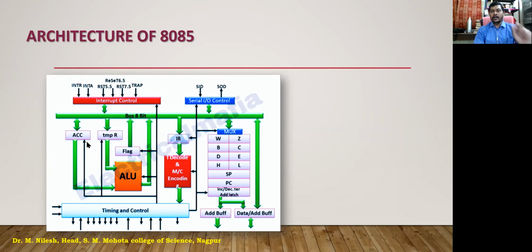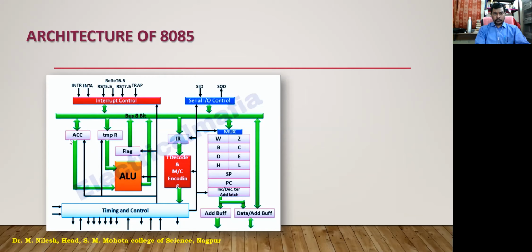All the arithmetic and logical operations are done through the accumulator. So while adding, subtracting, or doing any arithmetic and logical operation, one of the data is expected to be in the accumulator. I hope this is clear.